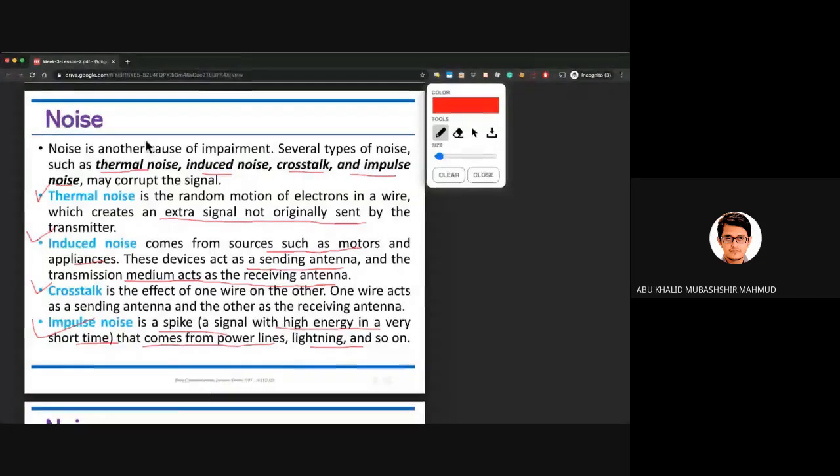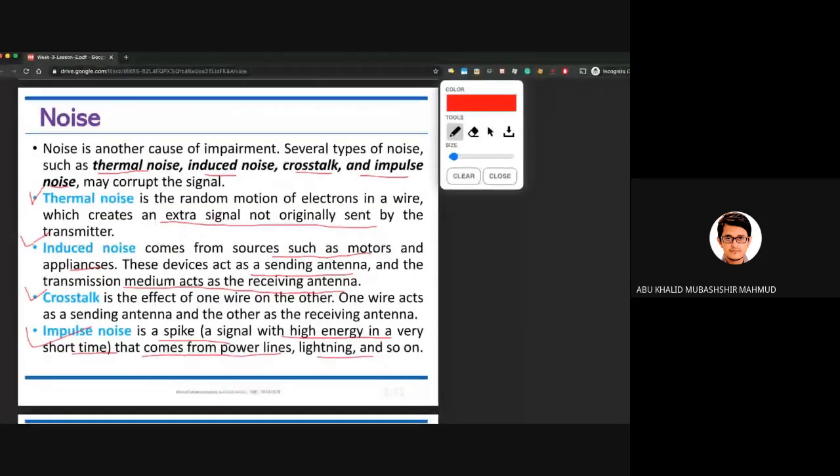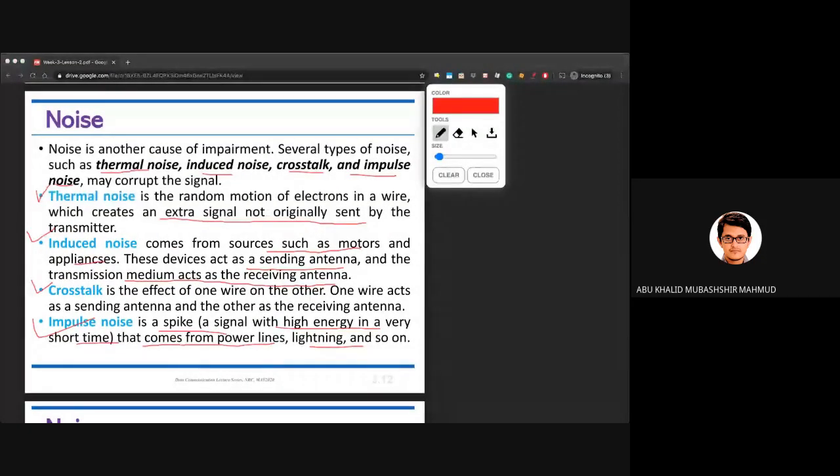If lightning occurs while we are transmitting, at that moment impulse noise occurs. So I hope you get that. Now let's move on further.